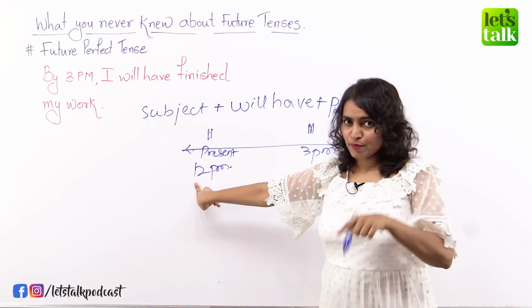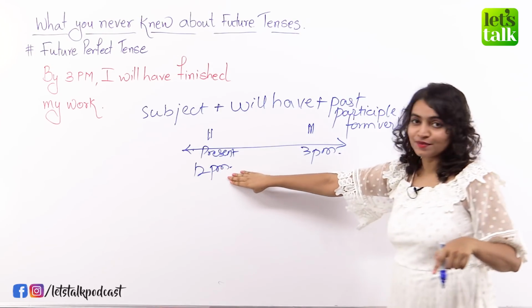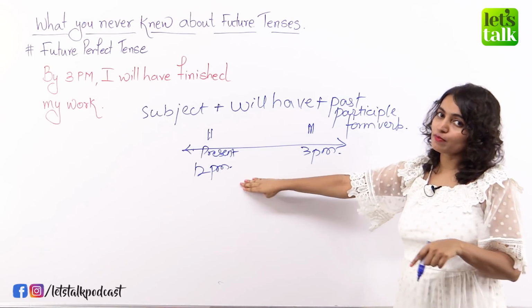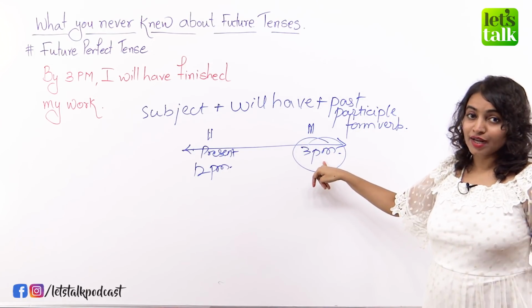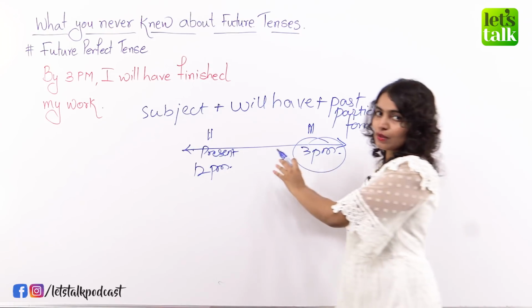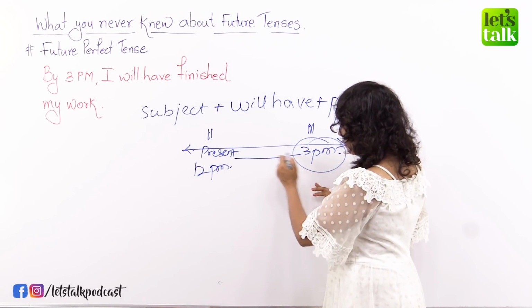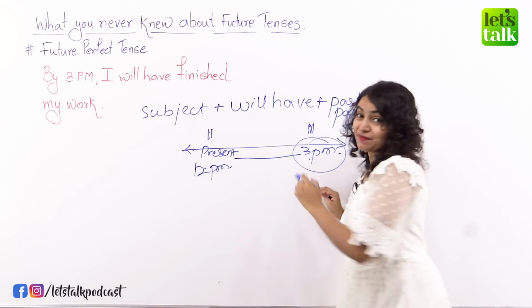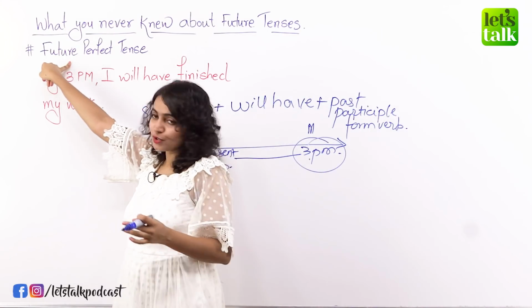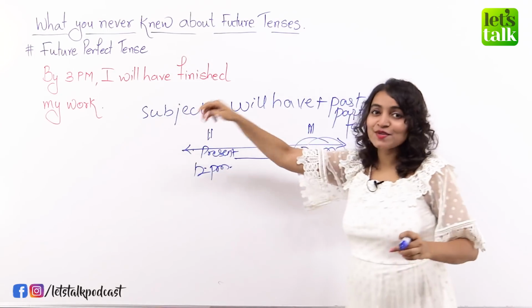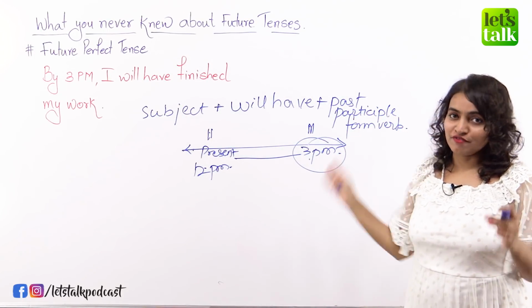I'm doing it right now in the present, right? However, I want to finish my homework by 3 p.m. I don't know if I'll finish the homework exactly at 3 p.m. or sometime between 12 and 3. I don't know, okay?